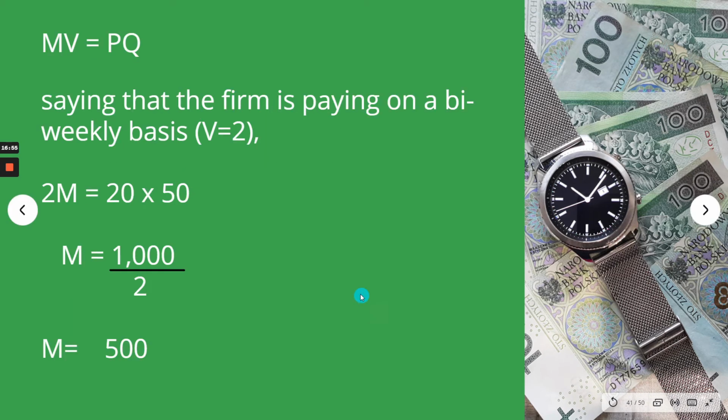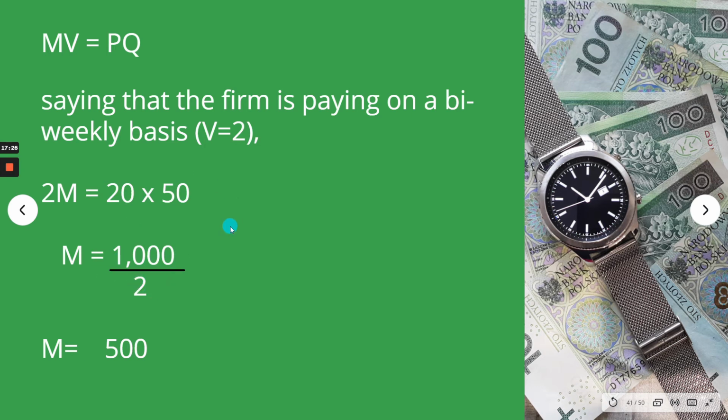So given, let's say for example, let's see if it's bi-weekly, what is it? Your velocity is equal to 2. Why? Because bi-weekly is every two weeks, so how many in one month? Two, right? So 2, which is your velocity, times M equals 20, which is the price level, times 50, which is Q. So M equals 1,000 over 2.